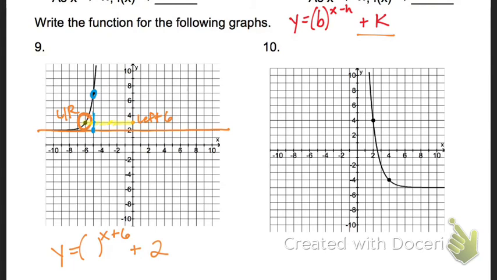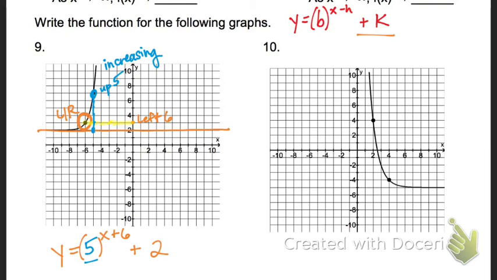So 1, 2, 3, 4, 5. So a 5 goes here. You use the actual number if it's increasing. If it were decreasing, so like in number 10, it's going to be 1 over that number, like a compression.